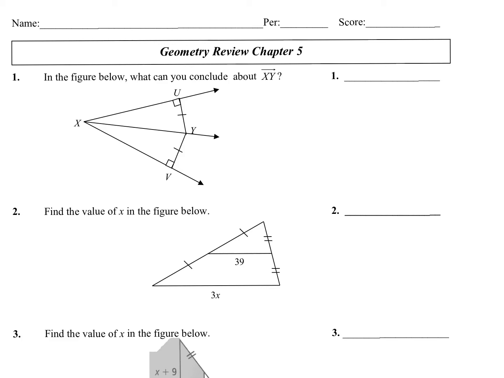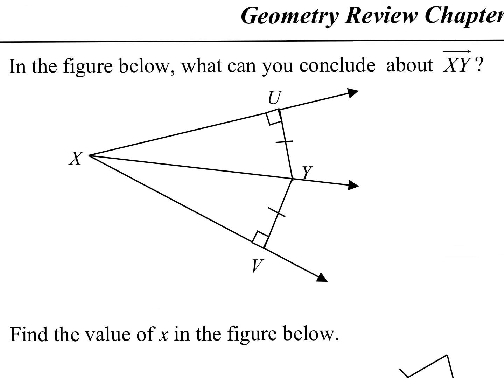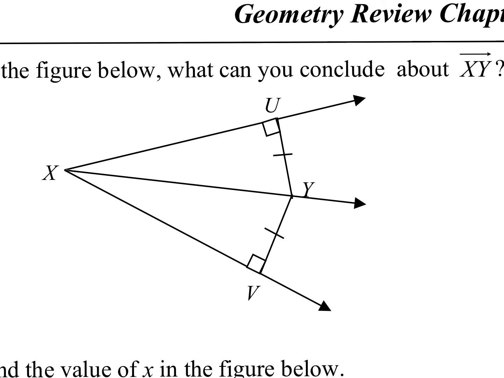Chapter 5 review here. What do you know about XY in this figure? It is an angle bisector. How do we know this is an angle bisector? Because the angles and the sides are equal. Not that the angles are equal.